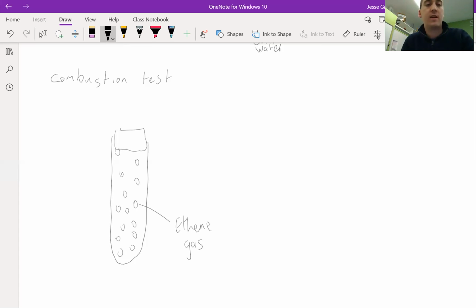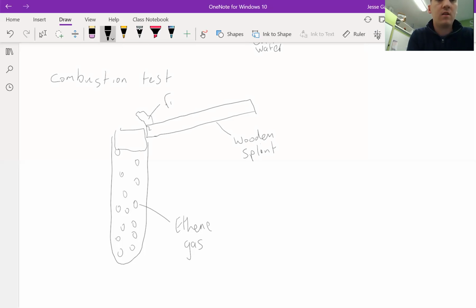So when you're ready to do the test, we would light a wooden splint, which is just like a stick that we use in chemistry. We would ignite it, set it on fire like this. So this is fire.